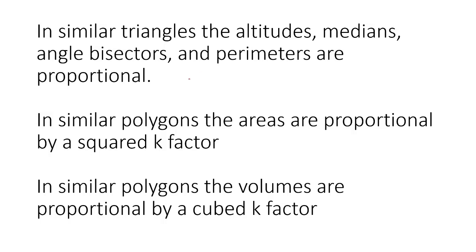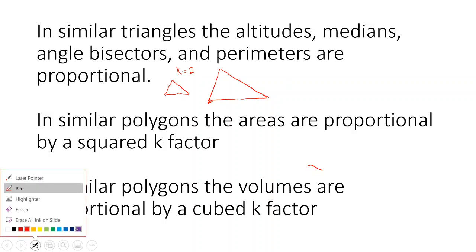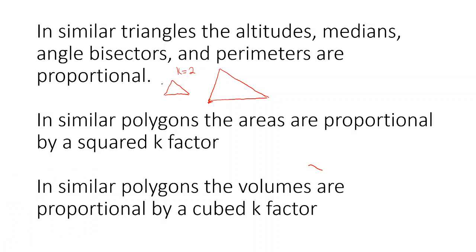So if you have two similar triangles, say this triangle and this triangle, and we have stated that they are similar, we talked about how to find out if they are similar earlier in the chapter. If the K factor is 2, not only does that apply to the sides, so like this side is 3, this side would be 6.